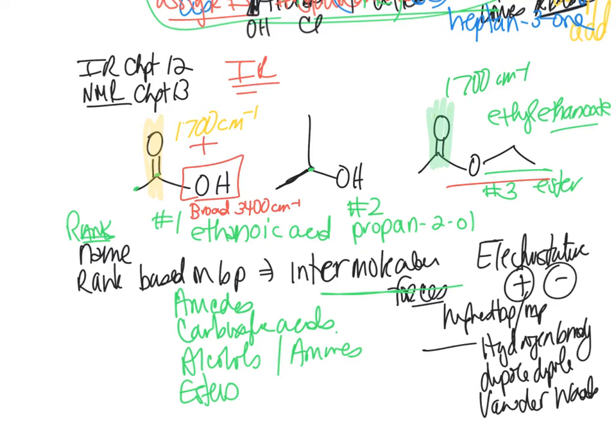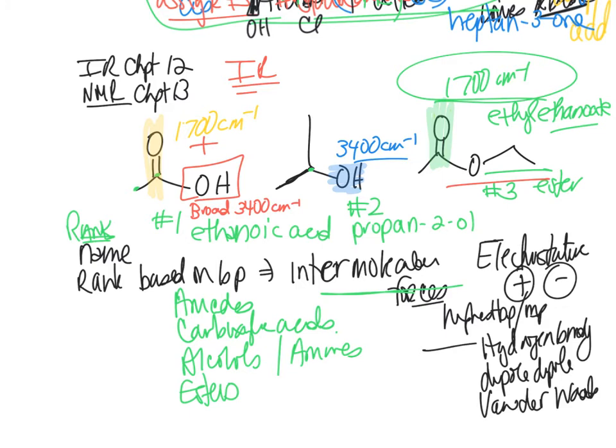The ester would just have the carbonyl in its IR, and then the alcohol would only have the 3400 reciprocal centimeters. So that's how it's important to understand where your functional groups are, where they're going to show up, so you can distinguish between those molecules. And so that's one of your concepts, assigning molecules to spectra and understanding how to assign functional groups to IR.